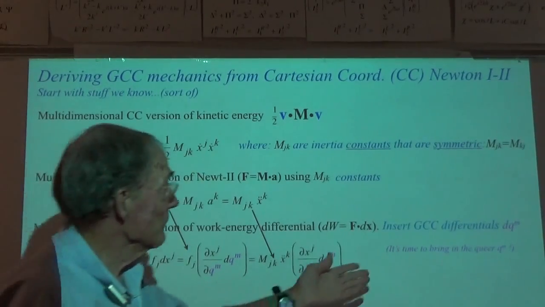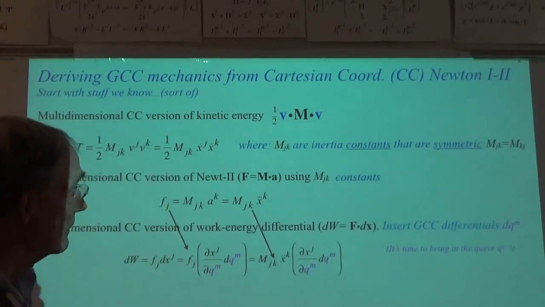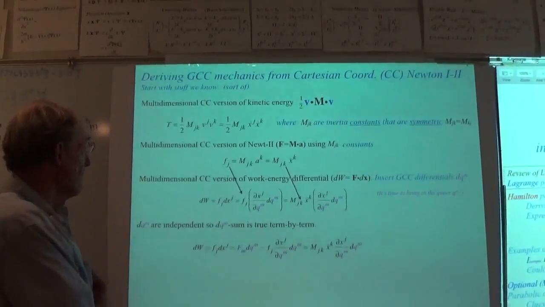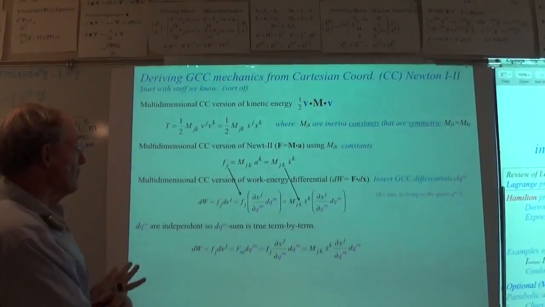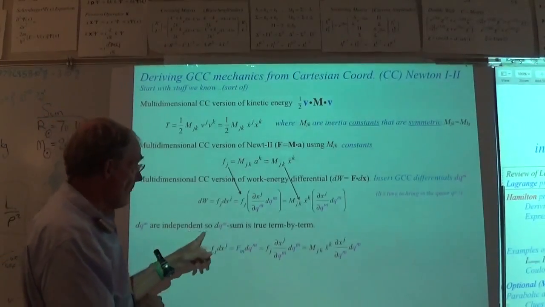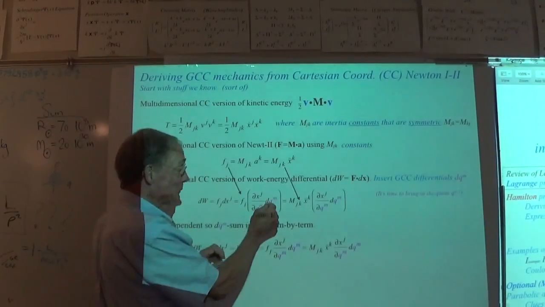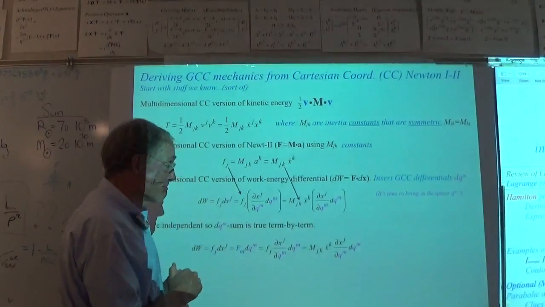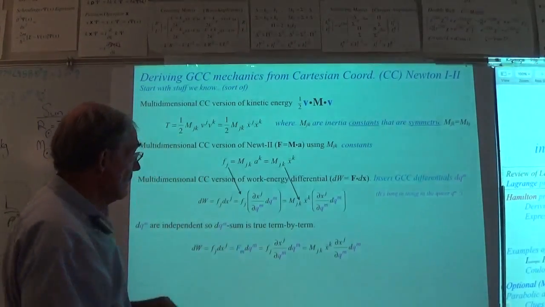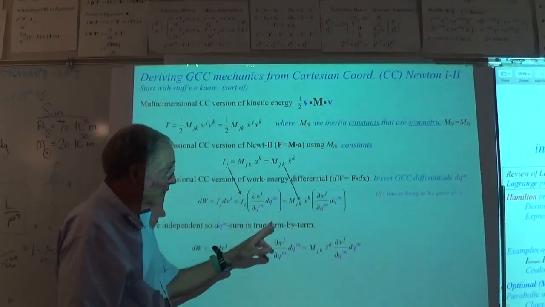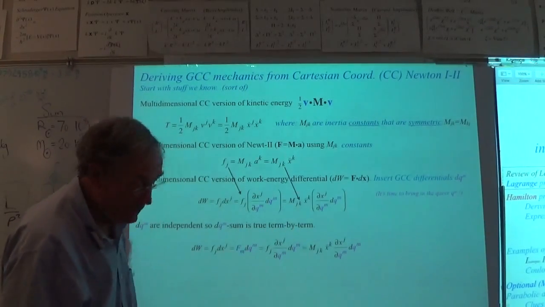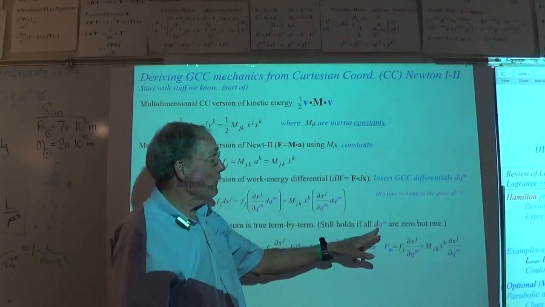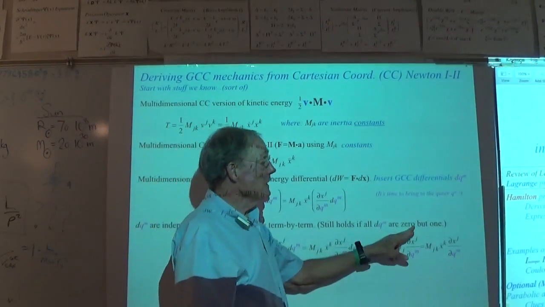Now we've got it written in terms of coordinates, so how are you going to get an equation of motion, a thing like that? That's not trivial. Until this thing really breaks the ice right here. These are supposed to be independent, supposed to be true no matter what differentials you take. So since they're independent, it has to be true term by term. It still holds if all the dqm's are 0 except for 1.